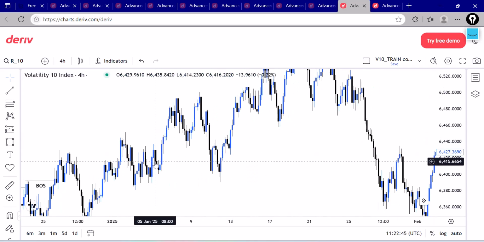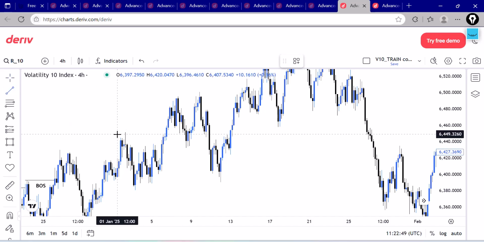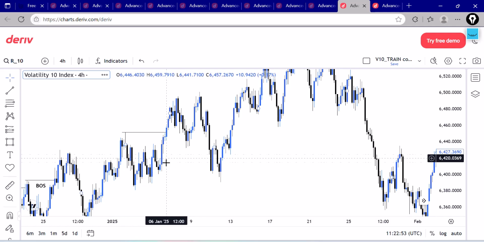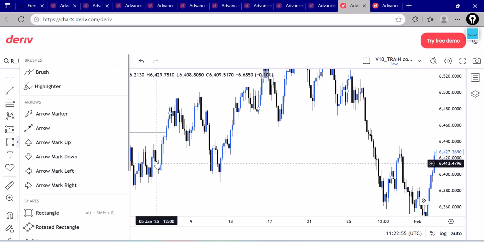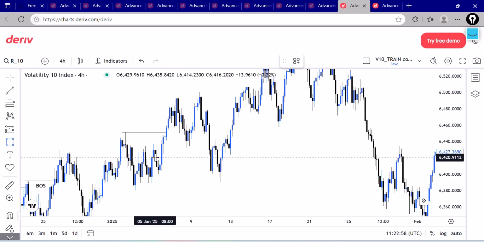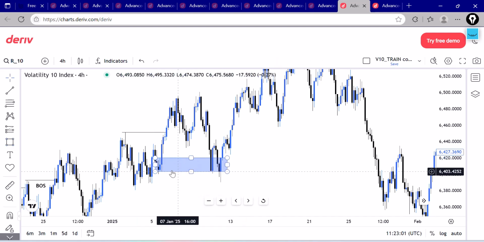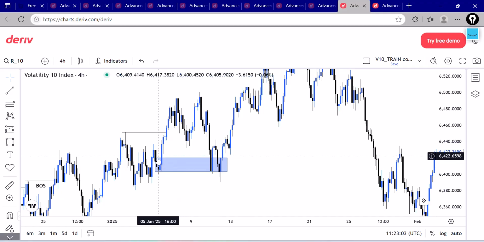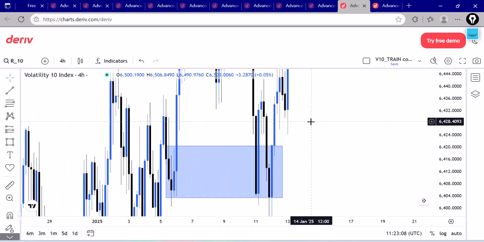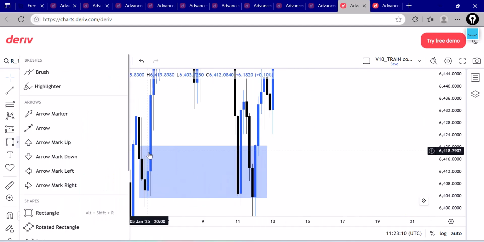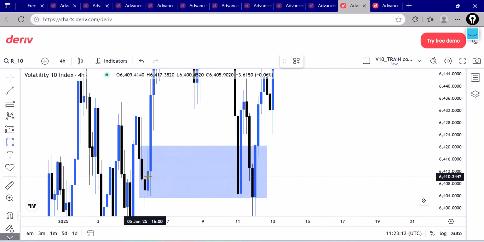So price came in, it broke structure. There was a break of structure to the upside. This is the last down candle that caused the break of structure, and then this is an imbalance, between this candle and this candle.